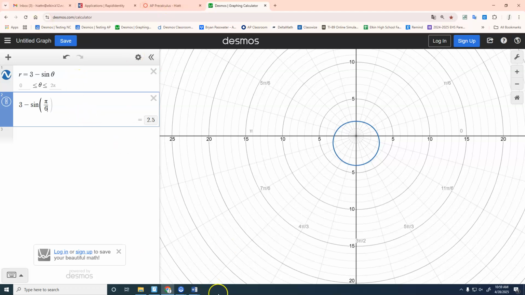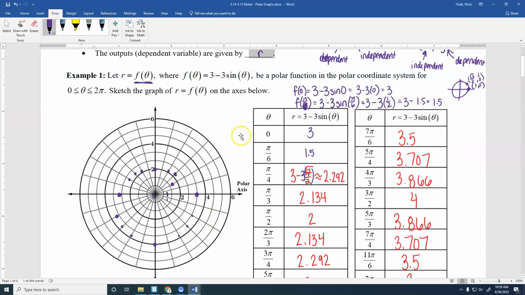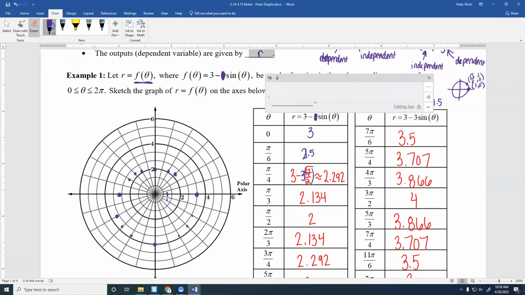So we can fix that by taking that 3 off of our original right here. Pretend like it's not there. That means I should get a 2.5 right here. That's better, though it's not as pretty of a graph.